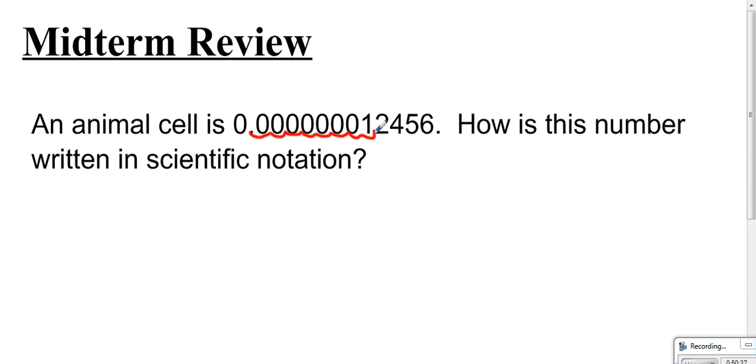So you're making a number between 1 and 10 by moving it 8 spaces. So you made 1.2456. And since it's a very small number, you moved it 8 times, it's a negative exponent, and it's negative 8. And that's basically it.